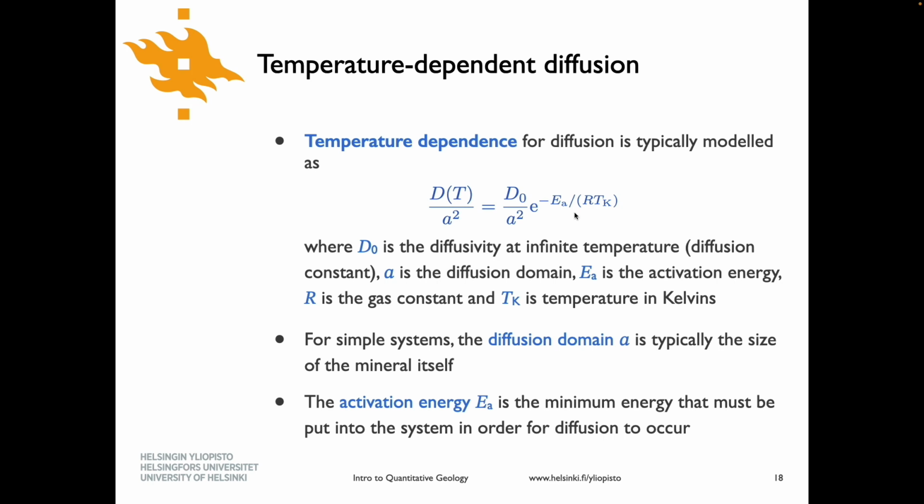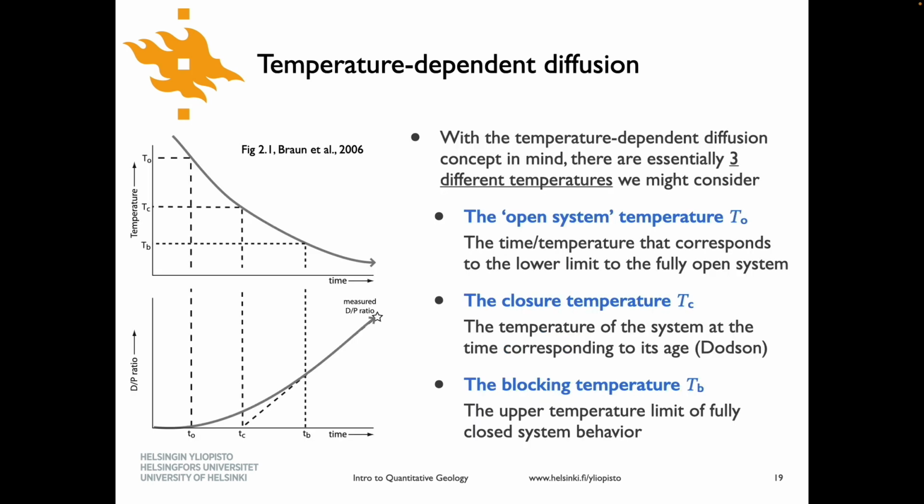And then otherwise we should have this kind of exponential temperature behavior, which looks more or less like this. So this is temperature versus time. If you go from high temperature cooling down with time, what you'll see is that at high temperature, this is the daughter versus parent ratio, so the amount of daughter product divided by the amount of parent isotope in concentration.